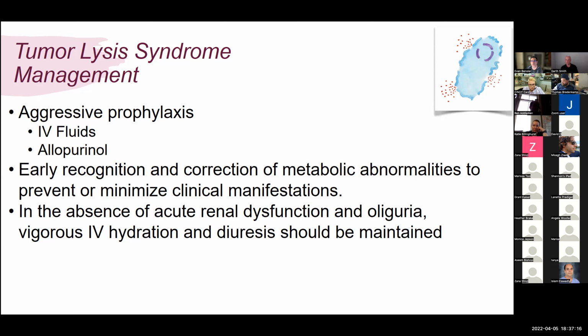And as long as they can pee, just the use of IV hydration and diuresis should be able to get over this. But again, this is not something that would be commonly seen in urgent care or emergency care, because these patients typically are in hospital at the time of this happening.